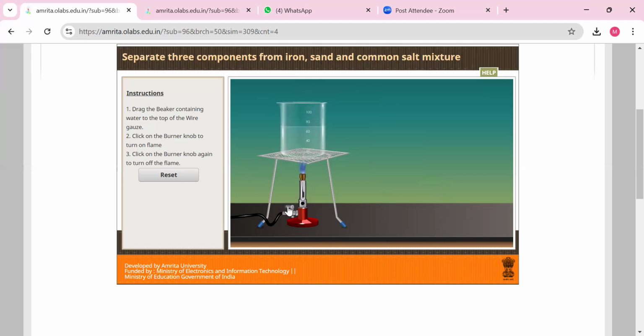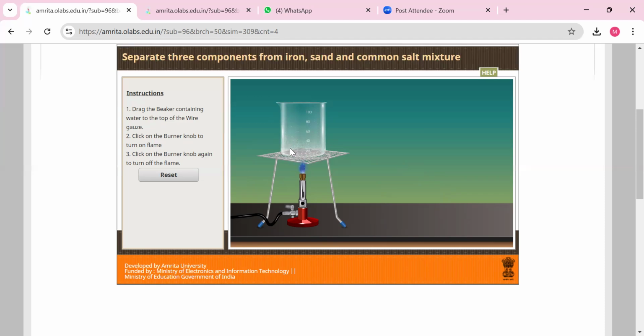I want to heat the beaker. The burner flame is blue. See this beaker: the water is evaporated. Water is the universal solvent, and it exists in three states: solid state as an ice cube, liquid state as water, and gaseous state as water vapor. Yes, the water is evaporated, and the salt particles settle inside the beaker.